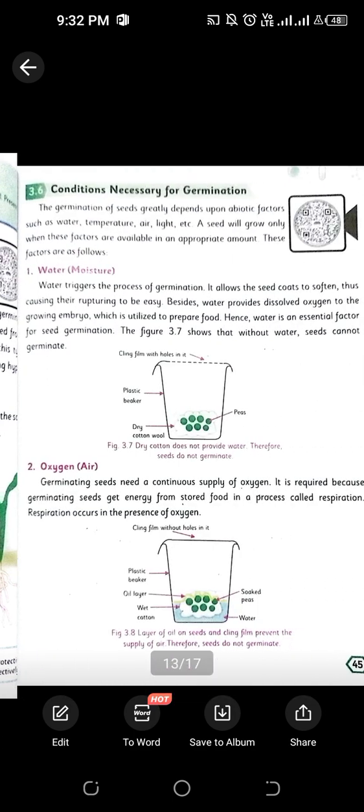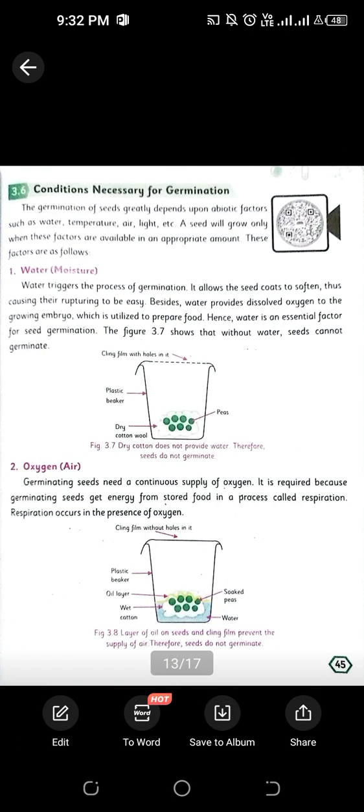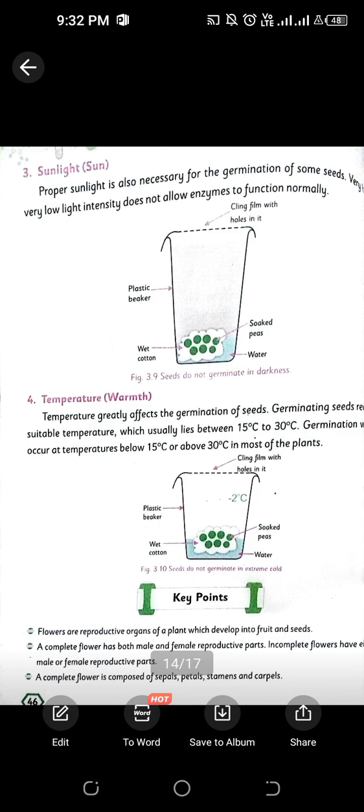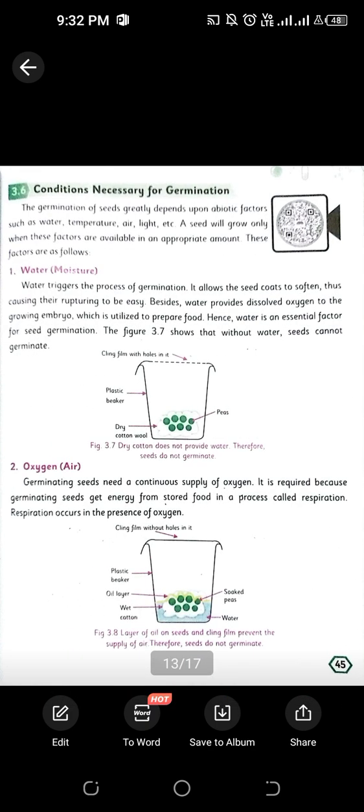Then we have the conditions that are necessary for germination, like what are the factors that will increase germination and what are the factors that will affect germination. The germination of seed basically depends upon water, oxygen, sunlight and temperature. Water is very important to trigger the process of germination.